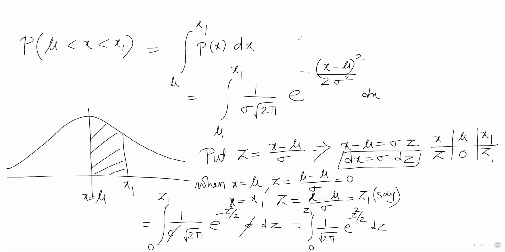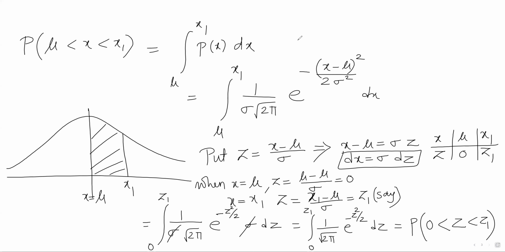This is already calculated and the tabular form is given. The values for the tabular form will be given in your paper also, so you don't have to calculate them. Let us see the probability for 0 less than z less than z1.